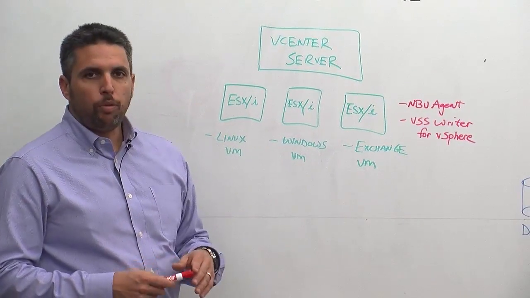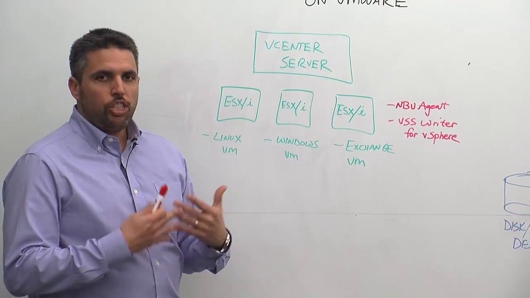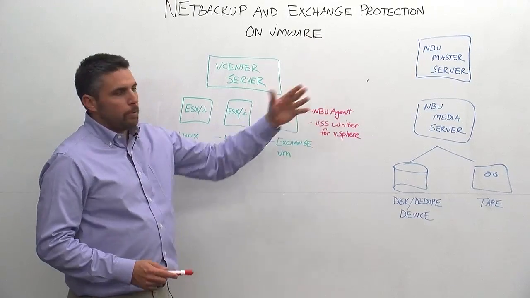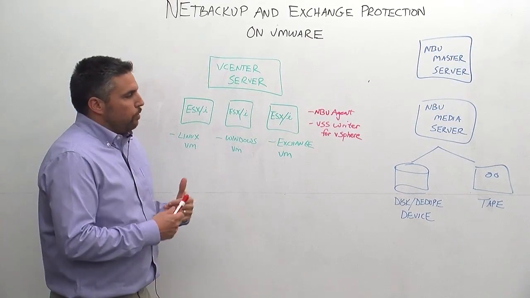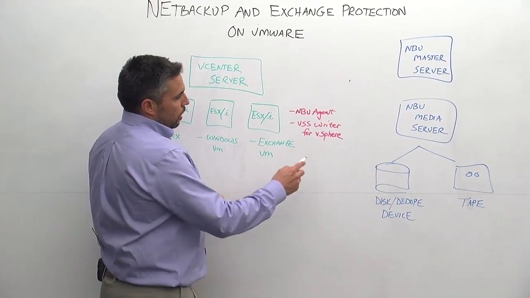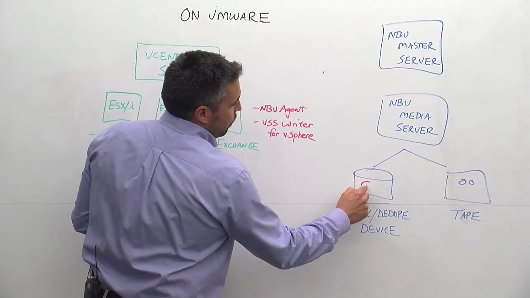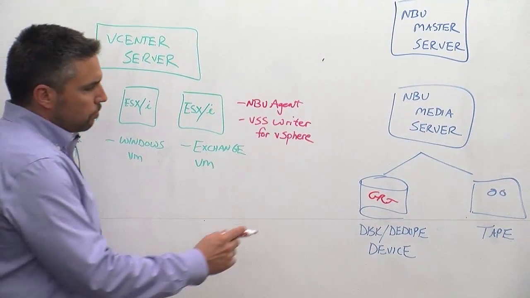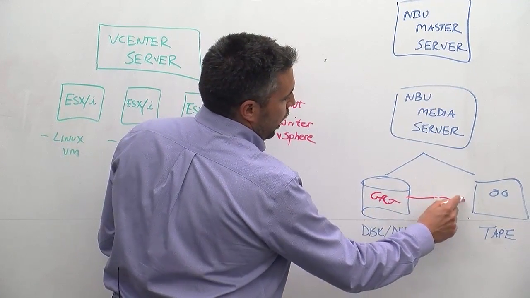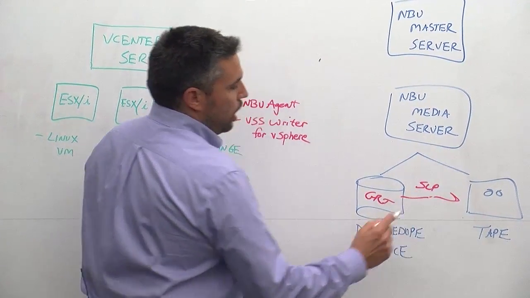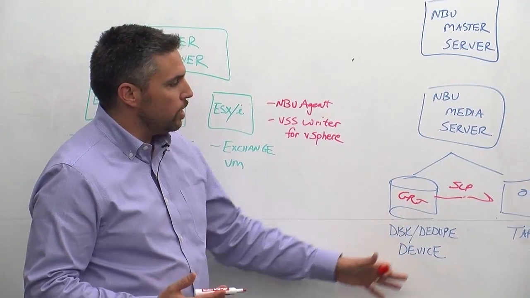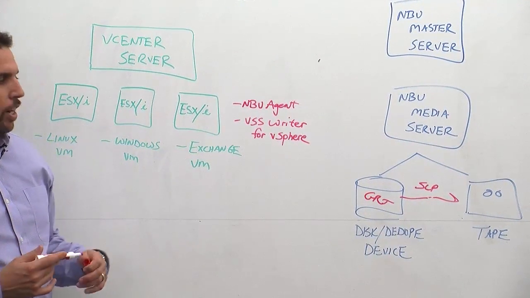And then what I mentioned before is we have that technology called GRT, or granular restore technology. So single pass backup, NetBackup catalogs that information. So in the case that the GRT backups get written to disk or dedupe appliance, we could leverage our SLP engine and storage lifecycle policies. We can move that off the disk or dedupe device, off to tape, or off to another device.